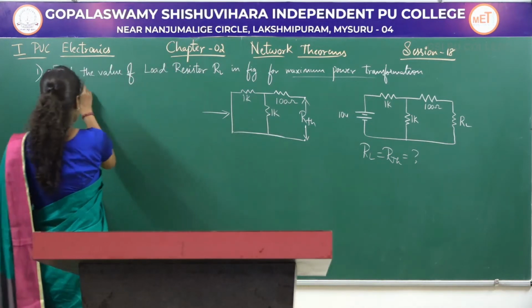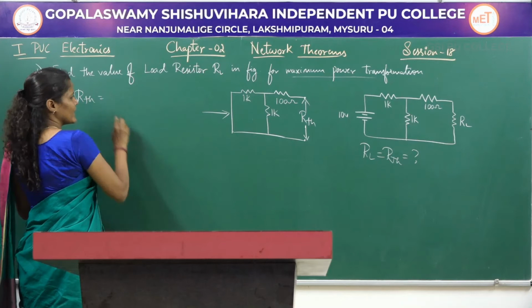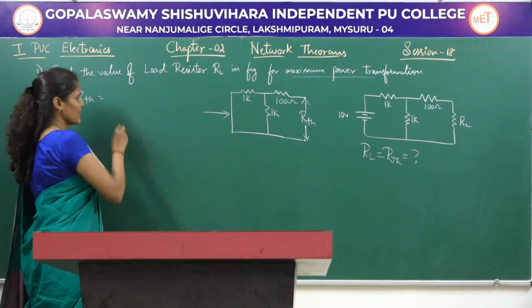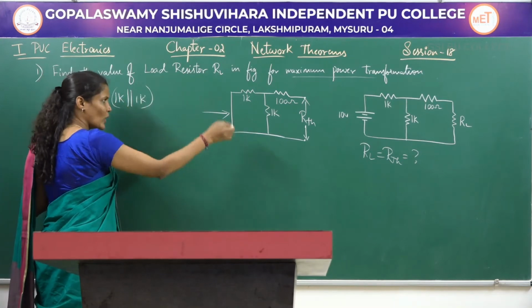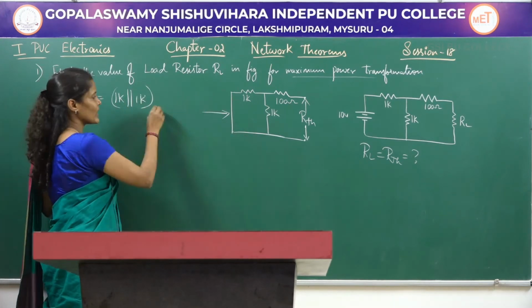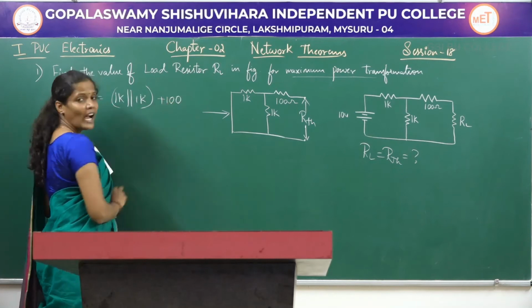So R Thevenin will be equal to 1K parallel with 1K, and that combination is in series with 100 ohm, so plus 100.